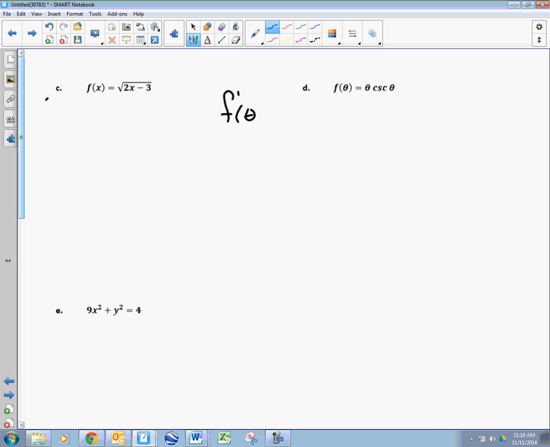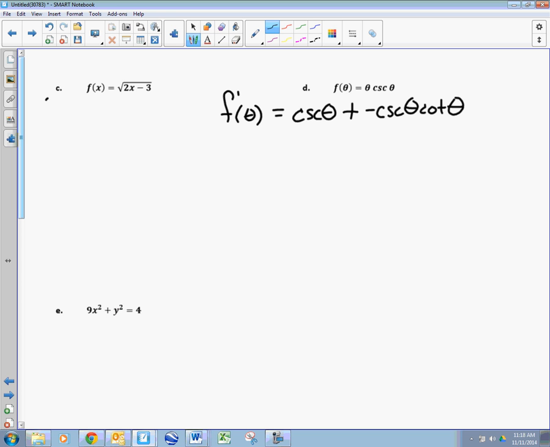f prime of theta. What rule do I have to use? Product rule. Again, on the test, I'm not going to tell you if you use the product rule, chain rule, anything like that. You've got to know what rule to use when. So, derivative of theta, 1 times the second part, I have cosecant of theta, plus negative cosecant theta cotangent theta.